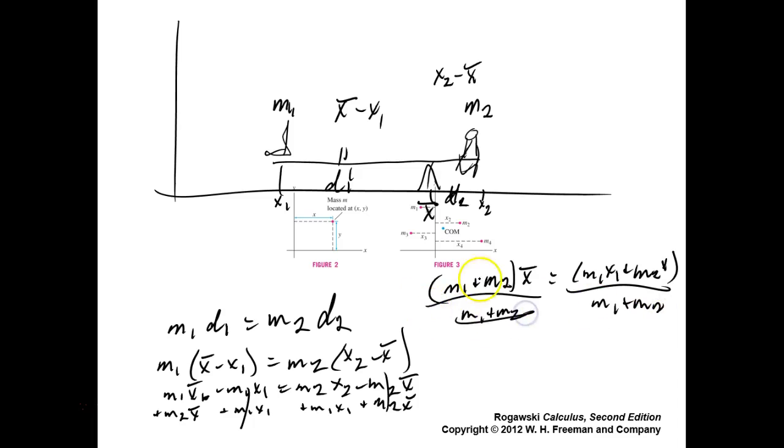And that gives you what X bar is. Okay? Now, M1 X1 plus M2 X2. I left off the 2 here, didn't I? Okay. Divided by M1 plus M2.